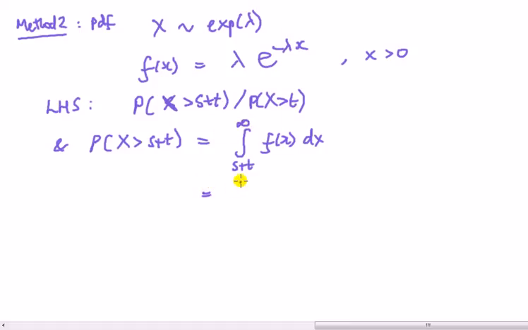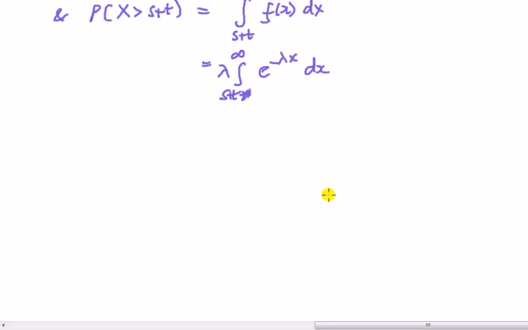Substitute this and calculate this integral from s plus t. So put this in here. You can see lambda comes out, e to the minus lambda x dx. At this point I know it involves integration, so I slow down because people are often fearful of it. So let's do it. Lambda is a constant.